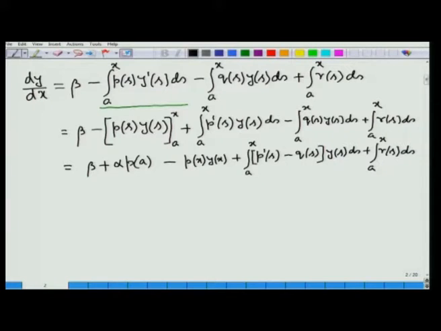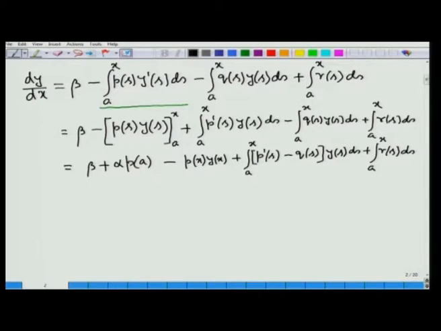Now, before proceeding further, I just want to draw your attention. If you look at this mathematical expression, this is also an equation in terms of the unknown y. In this equation, the derivative of y is involved on the left hand side. Again, the unknown function y appears under the integral sign.